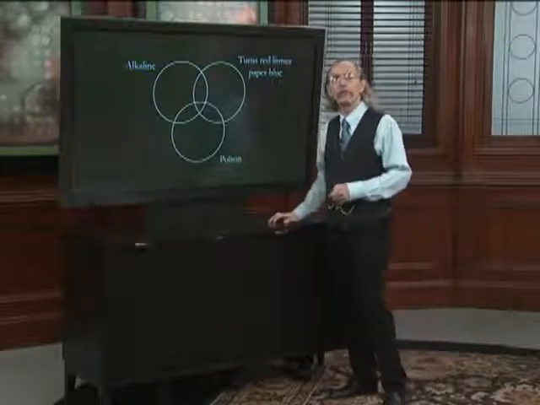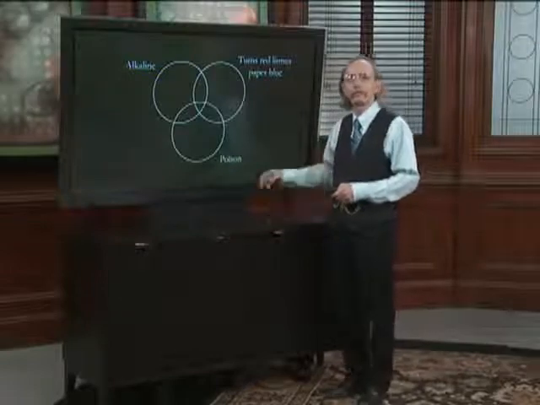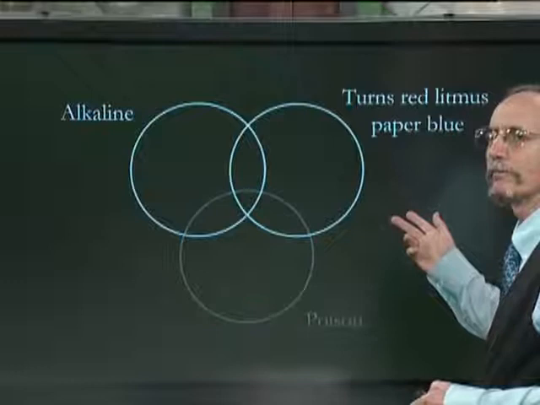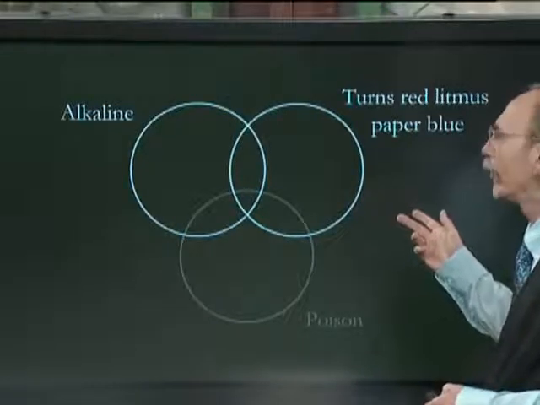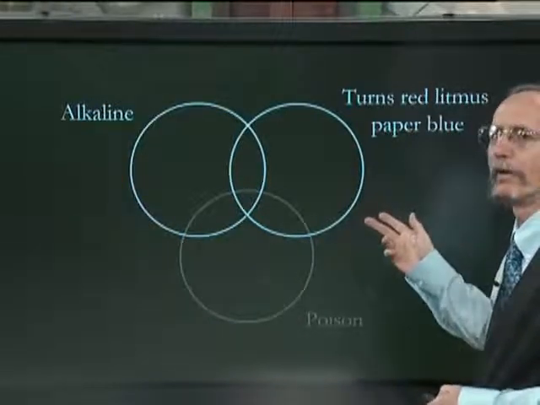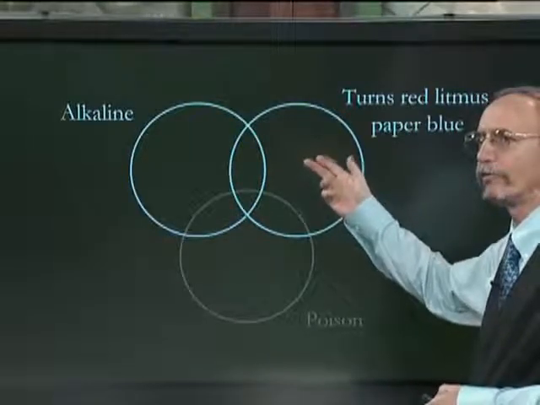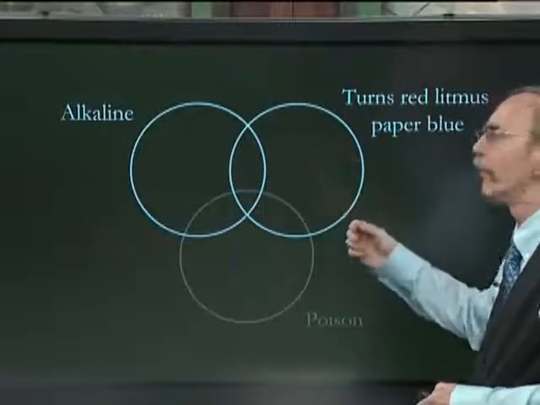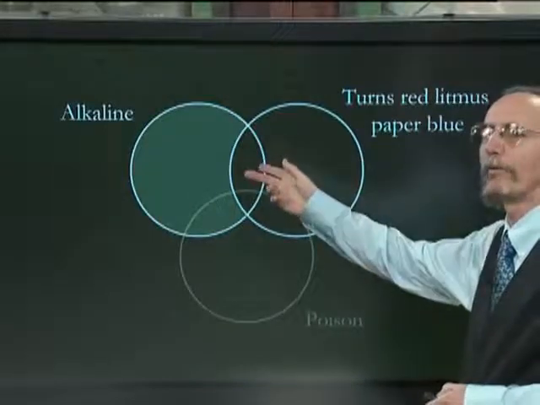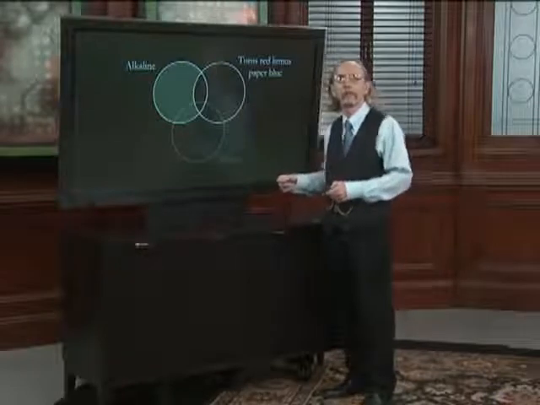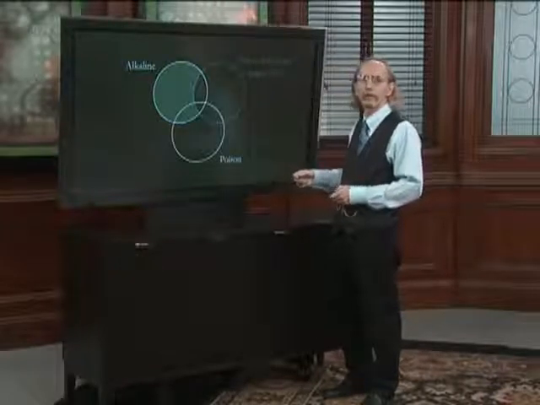Now, using your ability to concentrate on just 2 circles at a time, put in the information of the first premise. Anything alkaline turns red litmus paper blue. That means nothing alkaline is outside of the turns red litmus paper blue area. We black out that upper left portion. Now what about the second premise? Some poisons are alkaline.